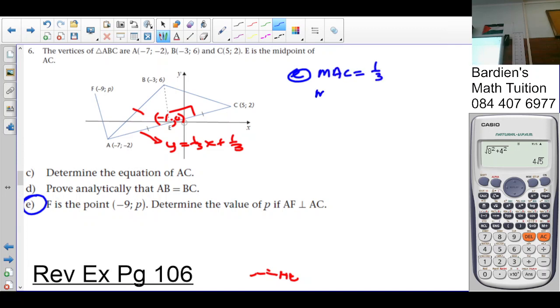So the gradient of AF is equal to negative 3. So it's going to be P minus minus 2 over negative 9 minus minus 7. So in terms of P, it's going to be P plus 2 over negative 2. We all agree with that?